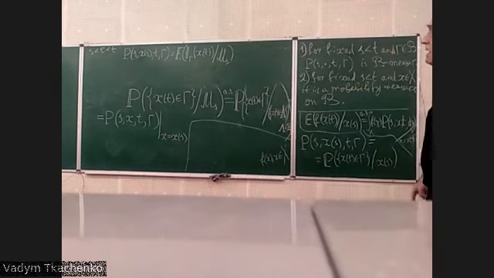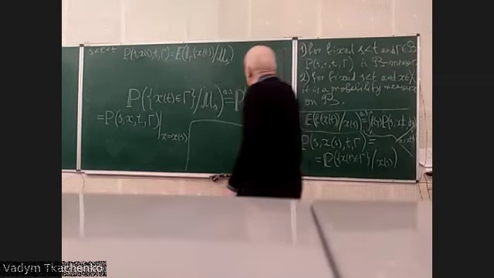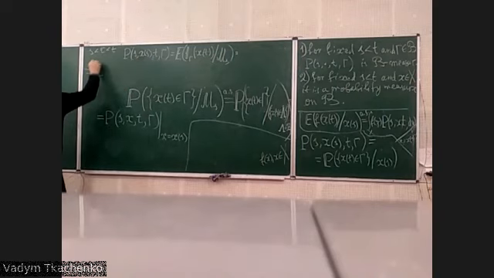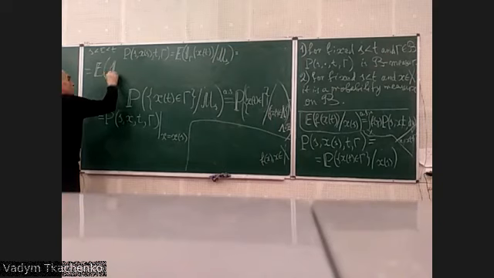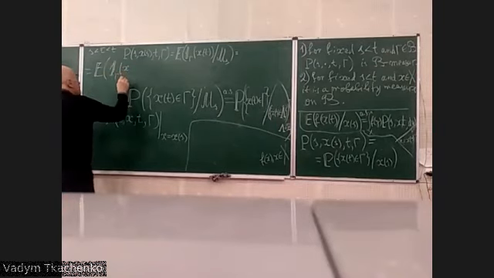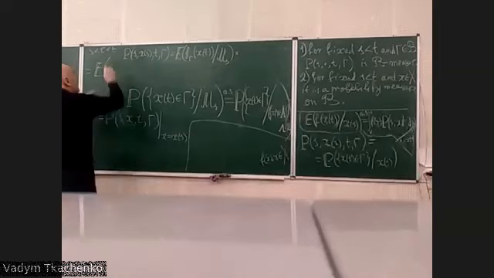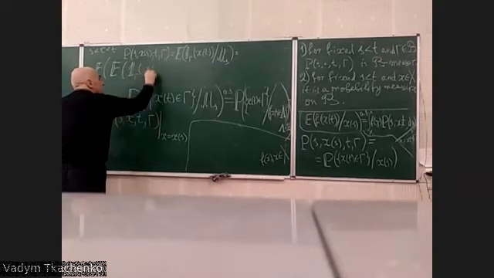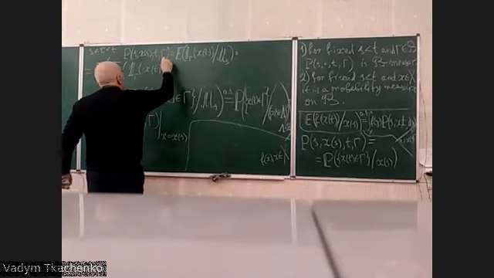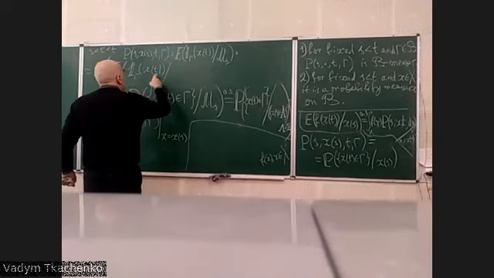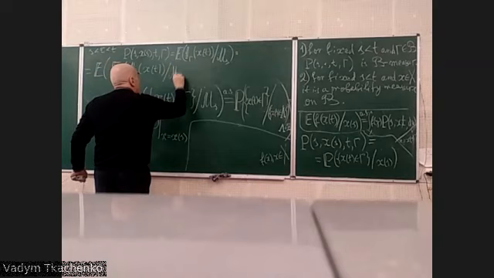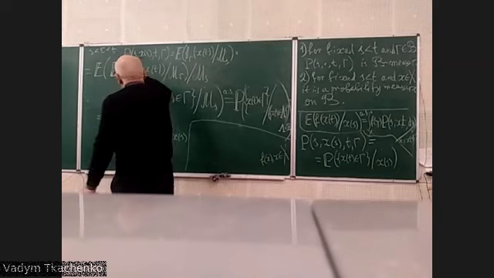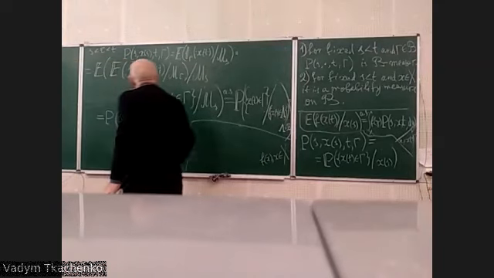And it can be rewritten as follows: the expectation of the expectation of the indicator of gamma of x of t given the history up to tau, given the history up to s, because tau is greater than s.